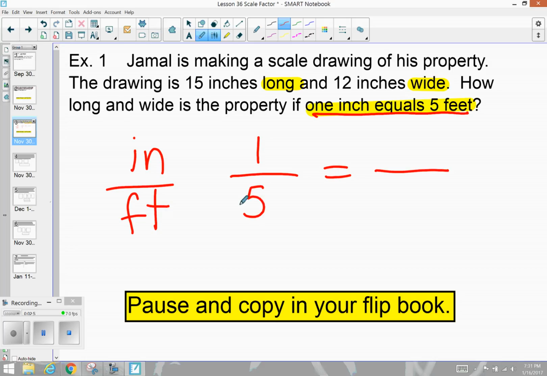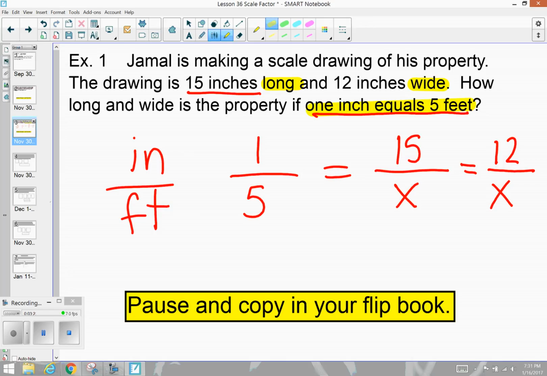And they said the scale drawing is 15 inches long and 12 inches wide. Basically, folks, what this means is we're going to have 3 ratios. So 15 inches is going to be in one section, and the 12 inches, that's for a different side, so that's going to be over here. We don't know the feet on this part, and we don't know the feet on this part.